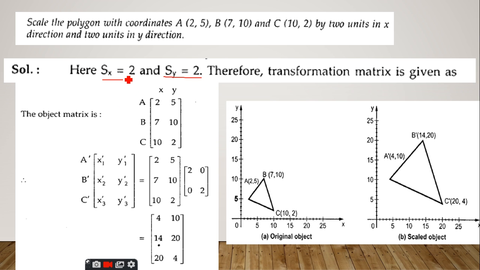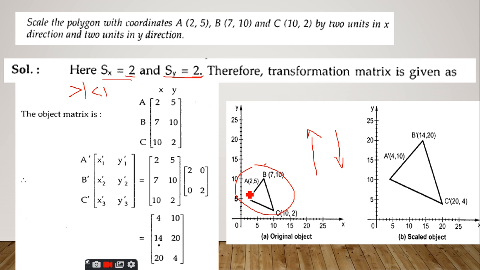When the values of sx and sy are greater than 1, the initial size of the object increases and it becomes bigger. When sx and sy are less than 1, the size of the object is reduced.